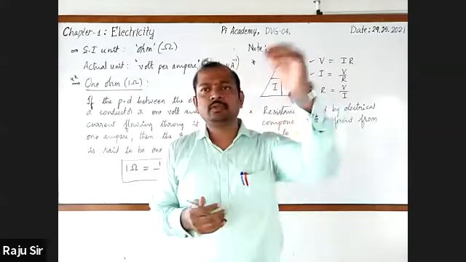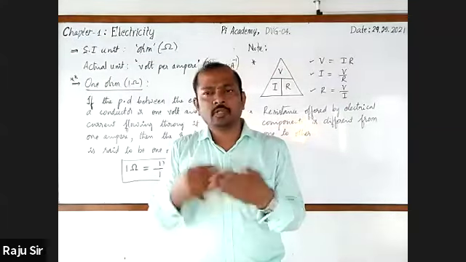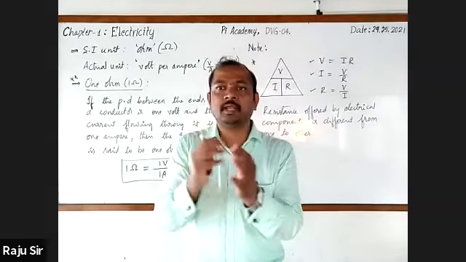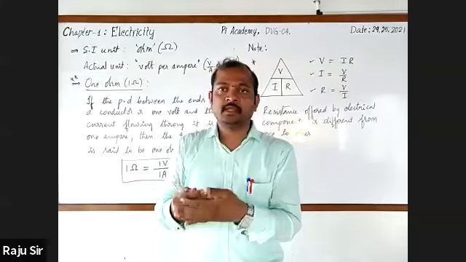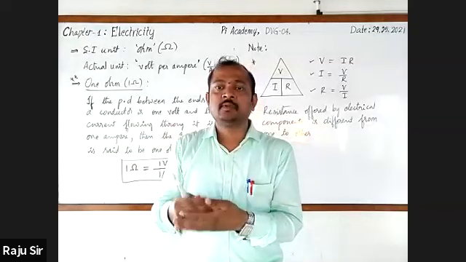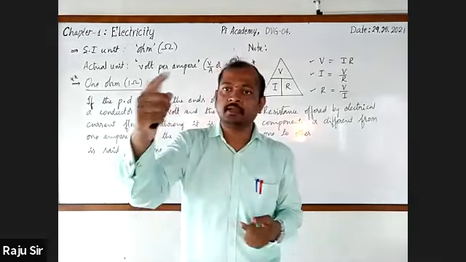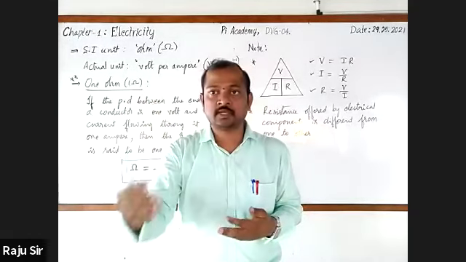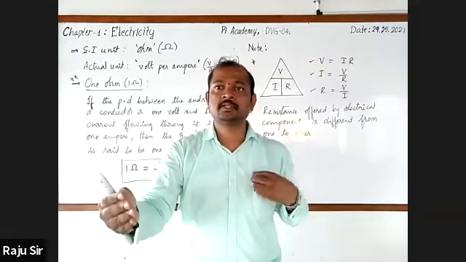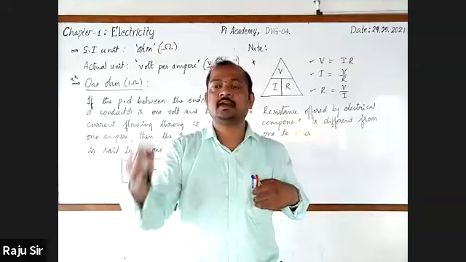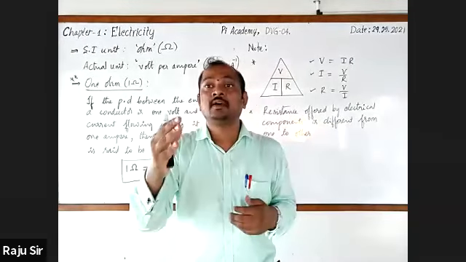And we all know that all the components have some electric resistance, but based on the amount of opposition by these components, we will classify them as conductors, good conductors, poor conductors, insulators, as well as resistors.